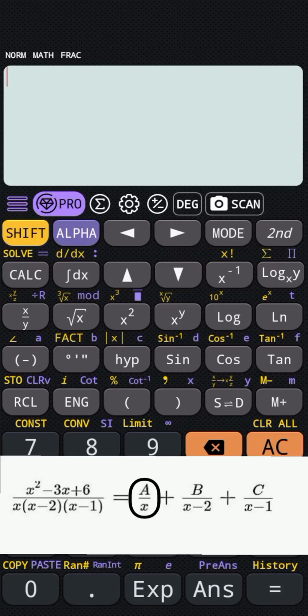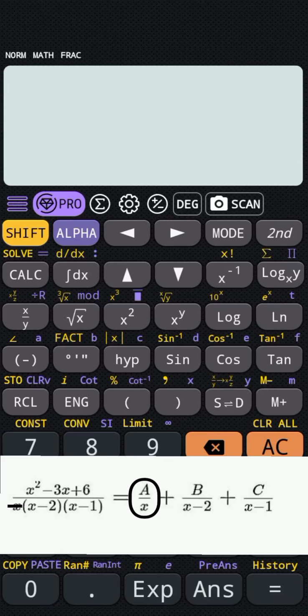So I'll write that compound fraction that I have there, but I will not add the x to it. The entire fraction is x squared minus 3x plus 6 all over x into x minus 2 into x minus 1. So what I'm writing is x squared minus 3x plus 6 all over x minus 2 times x minus 1. I want to solve for a. So the denominator of a, which is x, I will neglect it in the compound fraction.